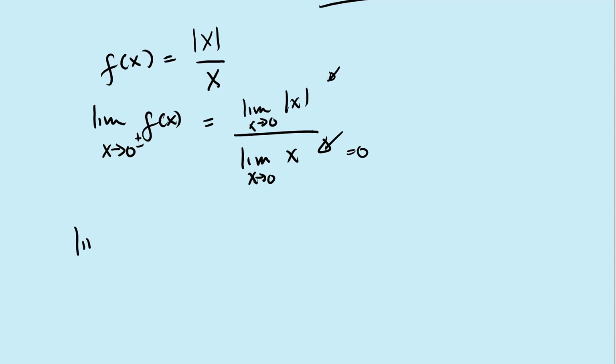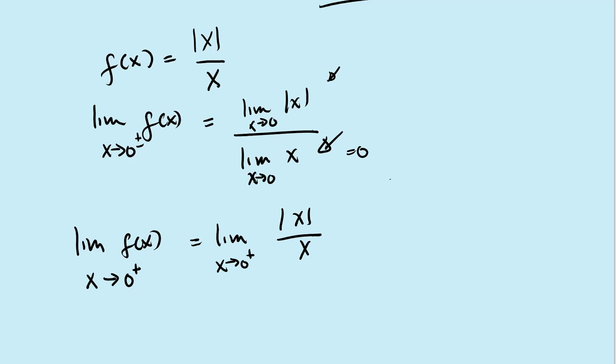So let's look at the limit of f of x as x goes to 0 from above. In this case, we're looking at the limit, x goes to 0 from above, of absolute value of x divided by x. In this case, we're looking at x's that are larger than 0.